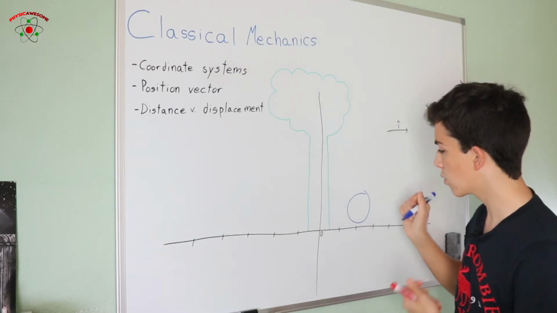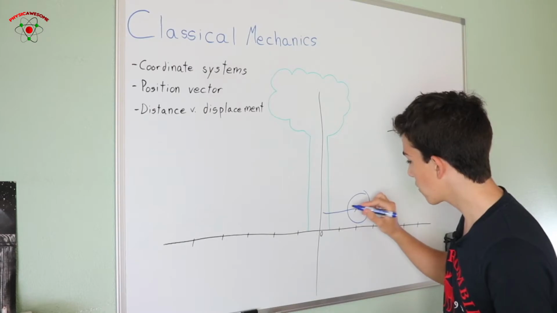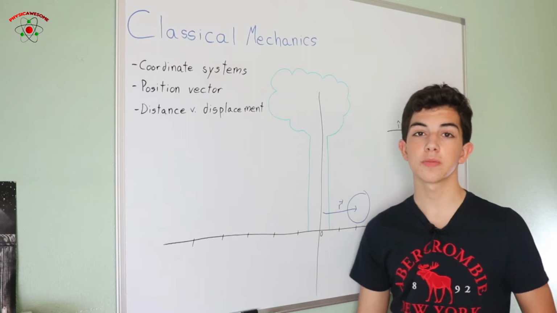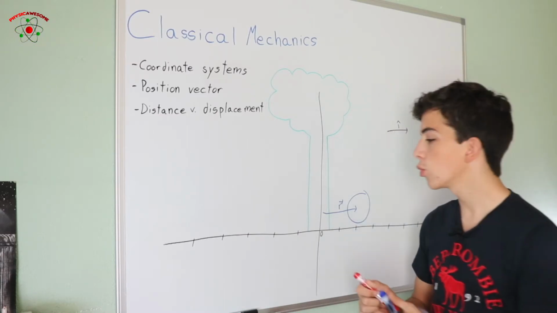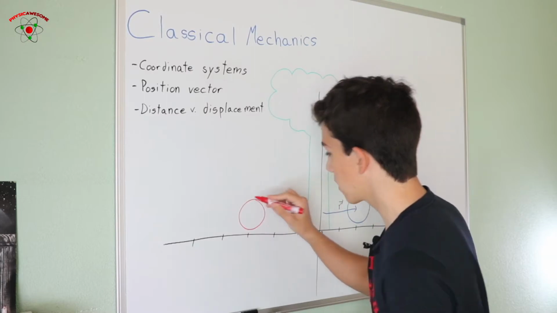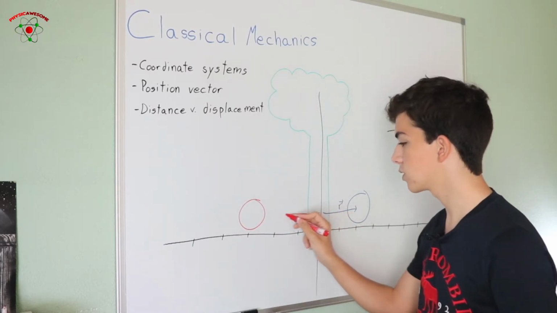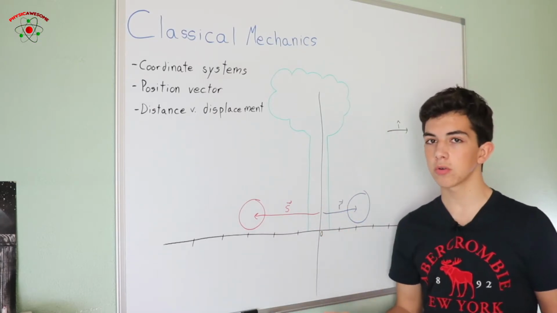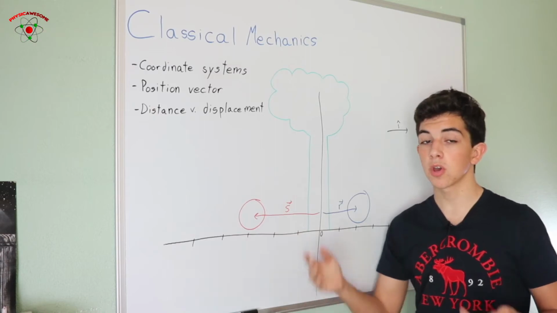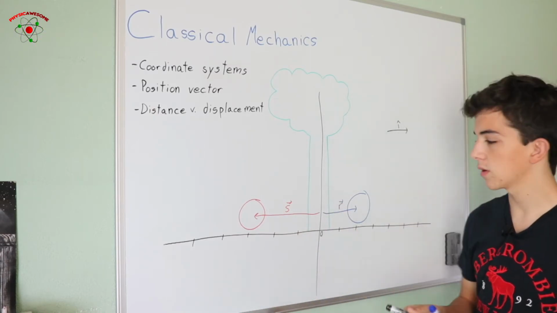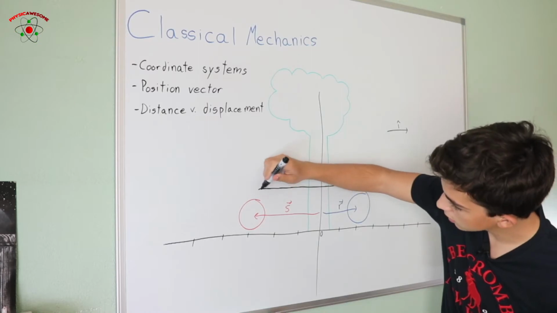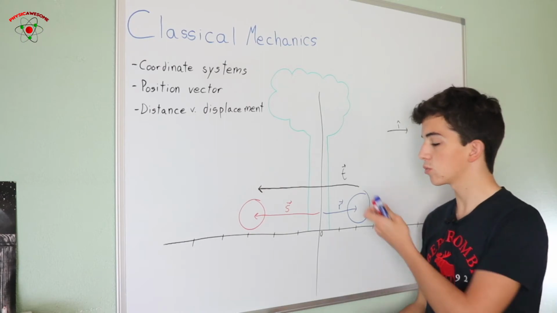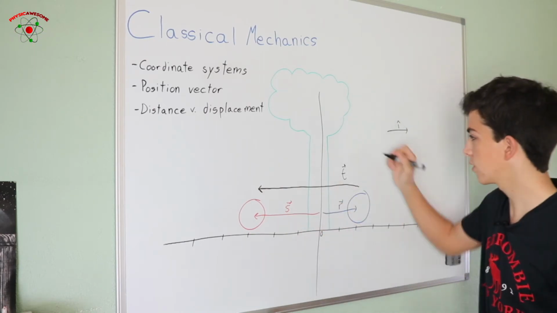In this case, we'll draw it over here, blue, and we'll call it R. What is the advantage of using vectors? Well, imagine we have another ball over here with a different position vector, in which case we'll call it S. If we want to know what is the position of one ball with respect to the other, that is, this vector, T, everything we'll have to do is to subtract one vector from the other.